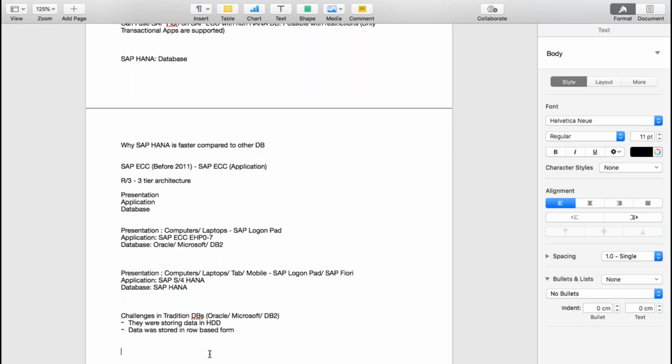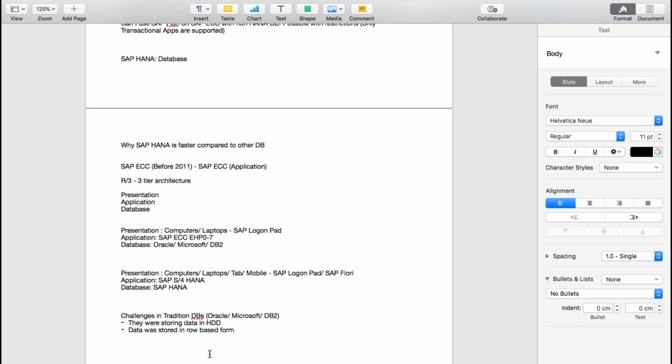For example, if you want to generate a report and you're storing the data in row-based form, the system takes more time. Because if your table is huge, let's take our accounting table, more than 200, 300 columns, getting the data from those columns is too slow. And that is the reason there needs to be a solution.